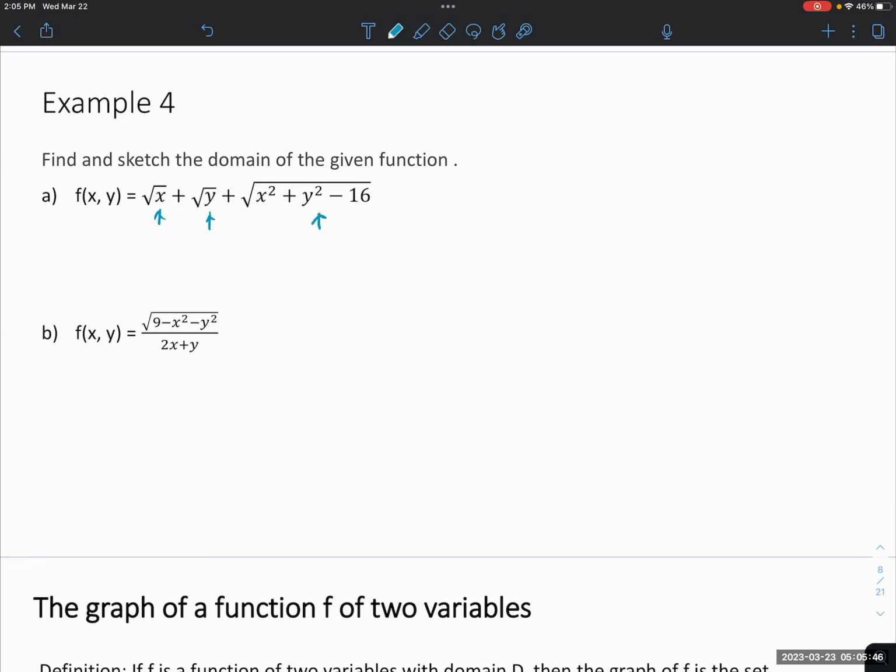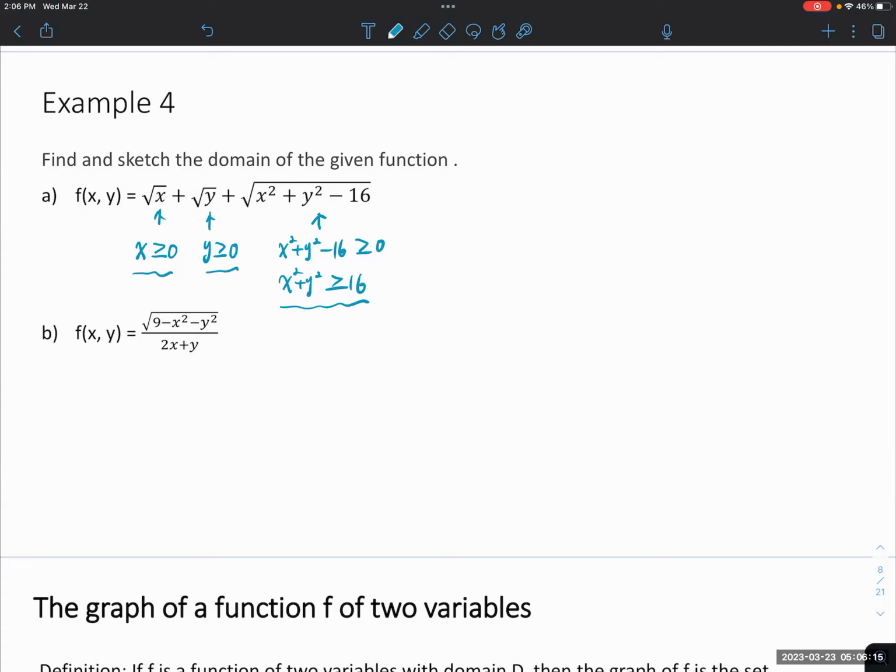For the first one, the inside of the radical should be a positive number, so this indicates x can be greater than or equal to 0. Second, y is greater than or equal to 0. The next one, x squared plus y squared minus 16 is greater than or equal to 0. I can modify it and see the circle function. So we have those 3, here, here, here.